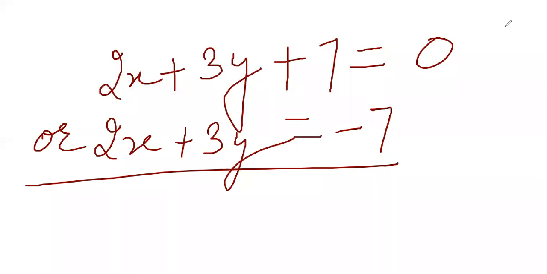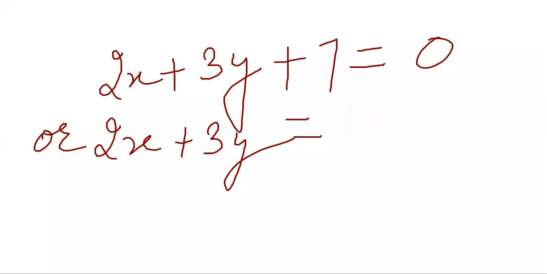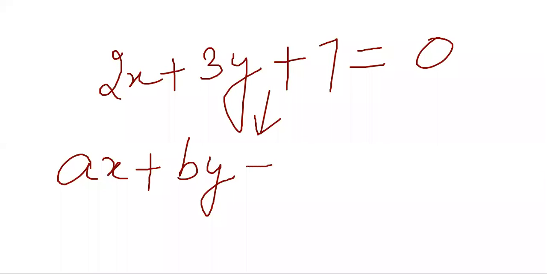Both are right, but this is the standard form. So it's of the form ax plus by plus c is equal to 0.